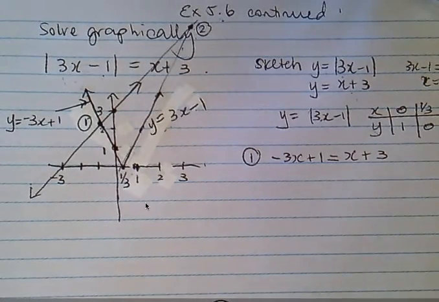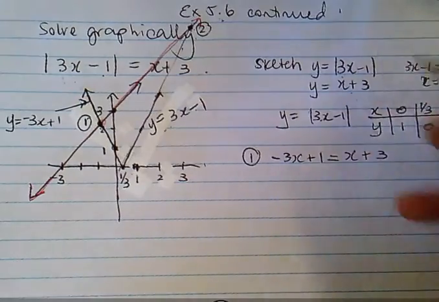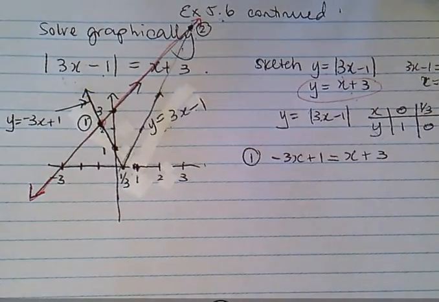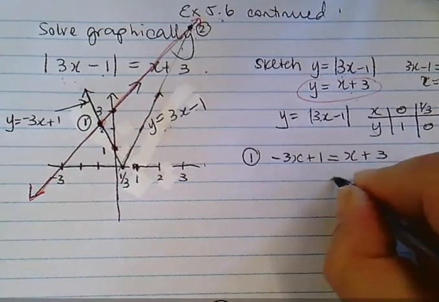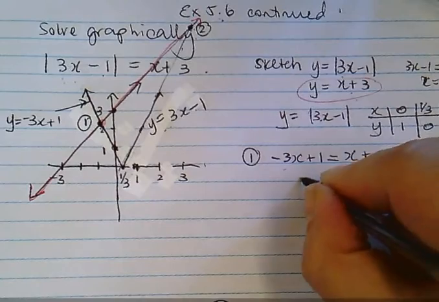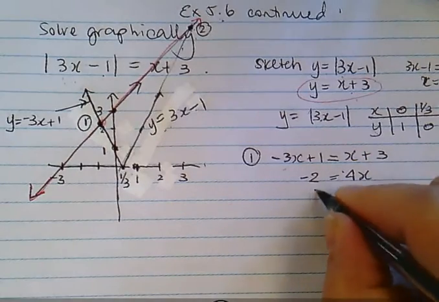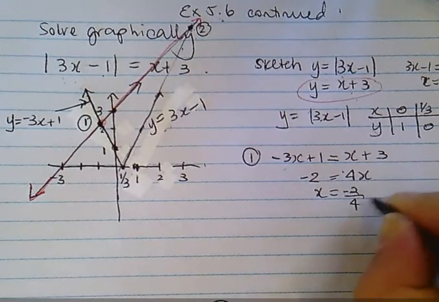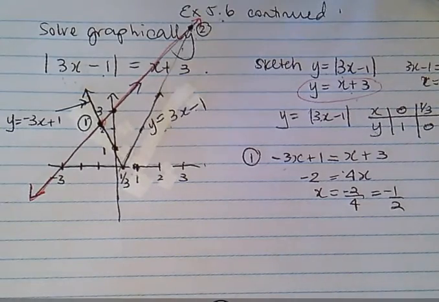I'll just do the x plus 3 in another colour. Oh, the graph of y equals x plus 3 is in red. Okay? So solving this, what have we got? Be careful, 4x equals -2. Did you get x is -2 on 4, which is -1/2, is one solution.